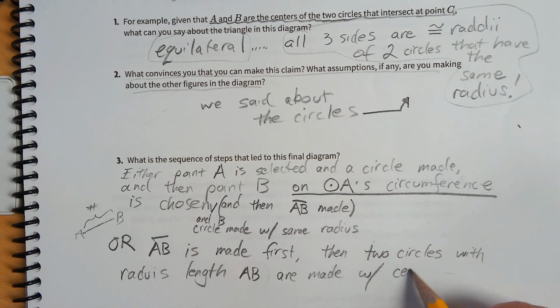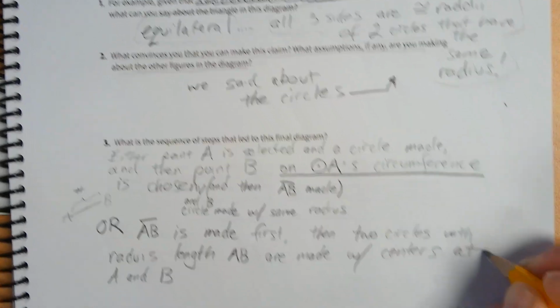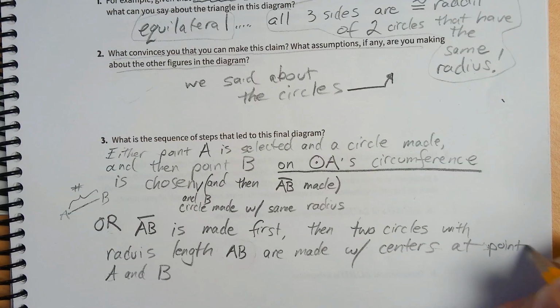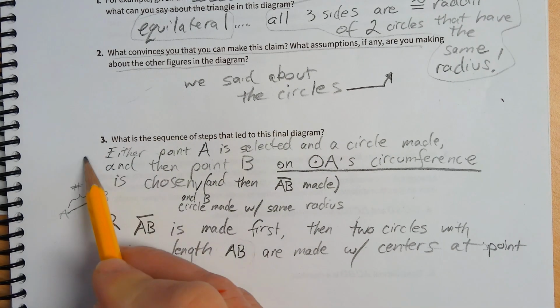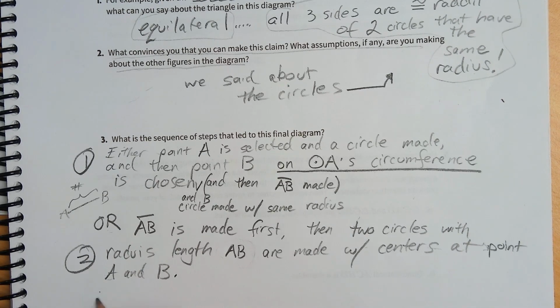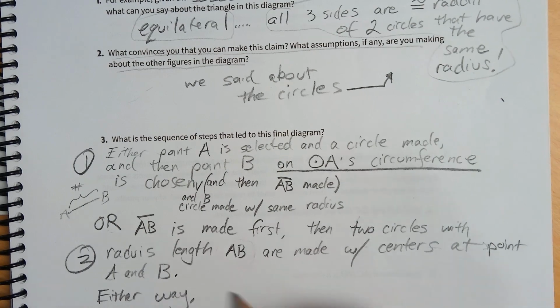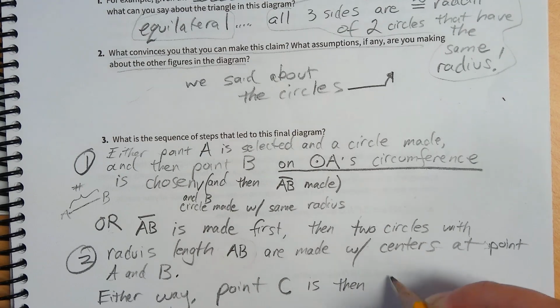with centers at A and B. Sometimes people write the word point before they put a point letter, but sometimes they don't. Sometimes they just say the letters, and that just means the point. In any case, either case 1 or case 2, either way, point C is then located.